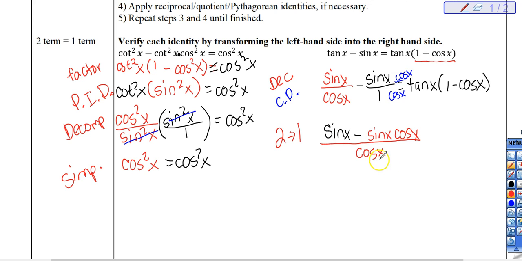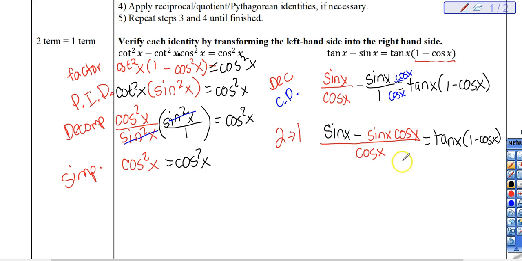Because they have the same denominator, I can write them as 1 fraction. Equals tangent x times 1 minus cosine x. Okay. So it was successful in taking these two terms and combining them so they're one, but it's a division.